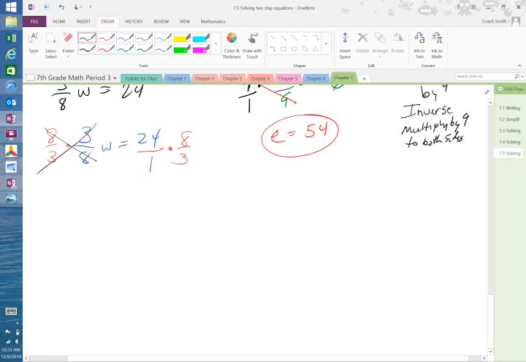That cancels, leaving me a W equals, you have 24 and 3 that I can cross cancel. 3 goes into 3 one time, 3 goes into 24 8 times. And so I have 8 times 8 on top, 1 times 1 on bottom, which means W is equal to 64.